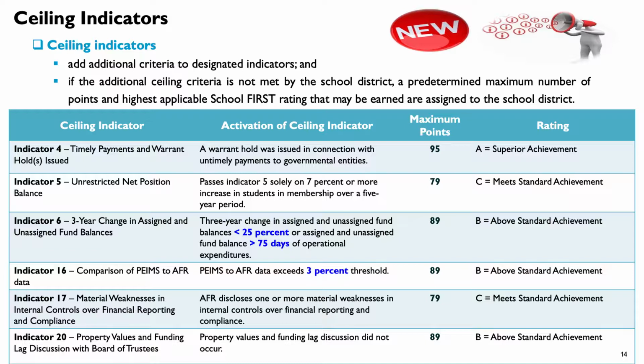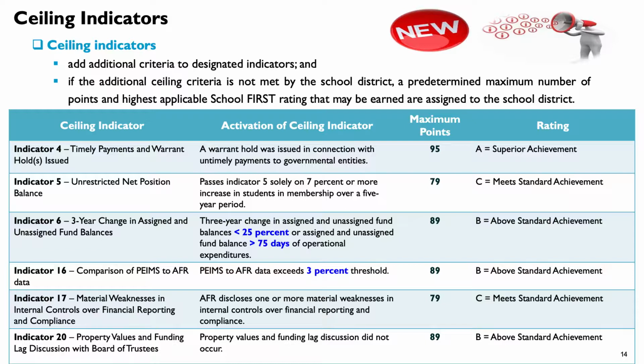It's maybe 2 or 3 each year that don't pass that part. So it's not a huge worry, but it's something that you do need to know. If you had 100 points and you had a material weakness in financial reporting over compliance, then you would go down to a C equals meet standard and 79 points.